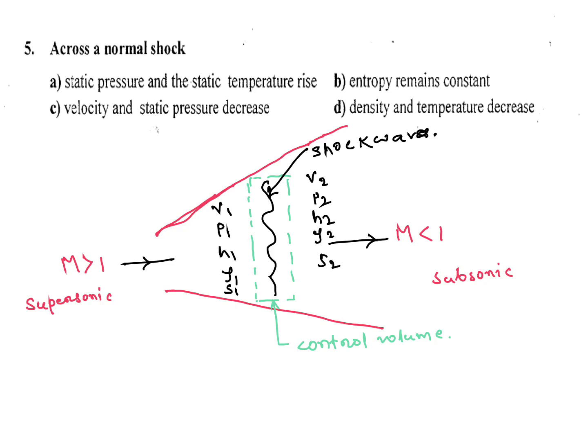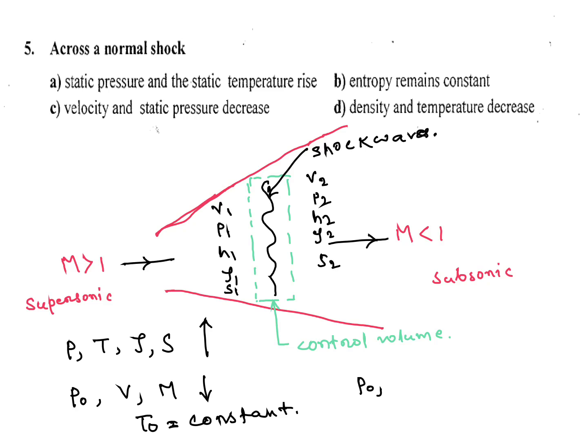Here pressure, temperature, then density, then entropy, these properties are increasing after the shock. Stagnation pressure, velocity, Mach number, they will decrease after the shock. And stagnation temperature is constant.